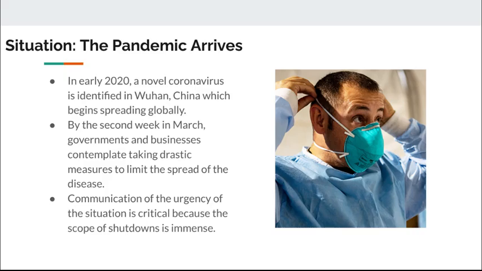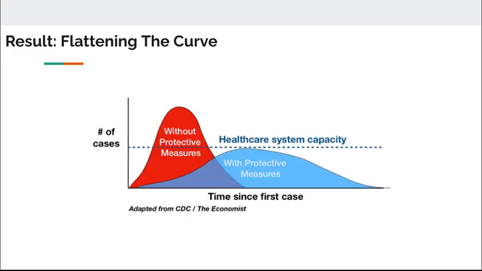And what was really important at this point was conveying the urgency of the situation and the urgency of the need to socially distance and keep people at home and to really slow down or shut down a lot of things that were going on.